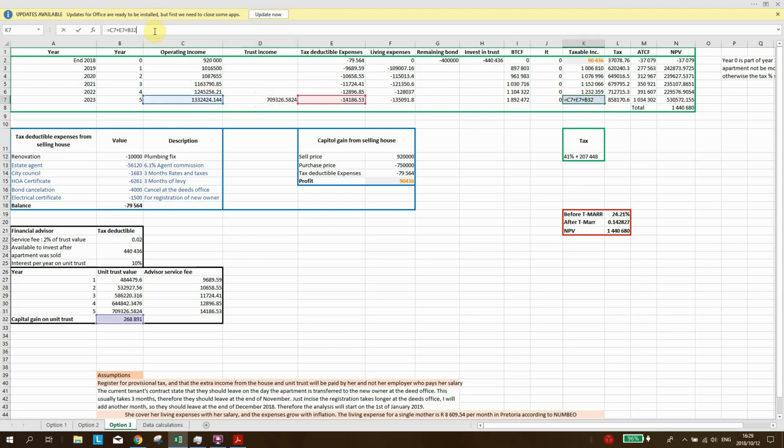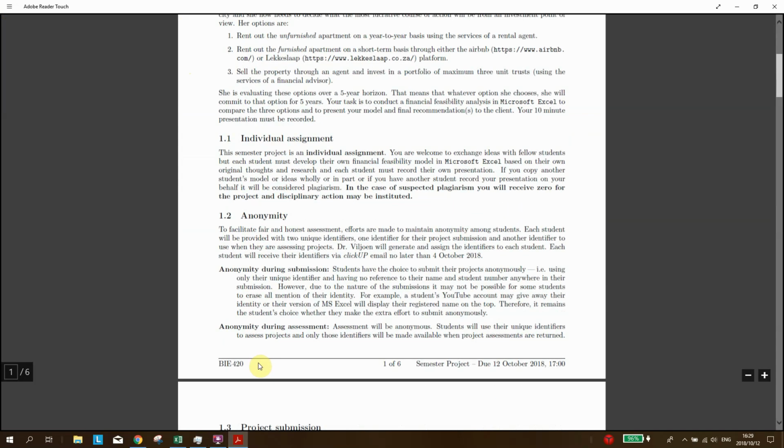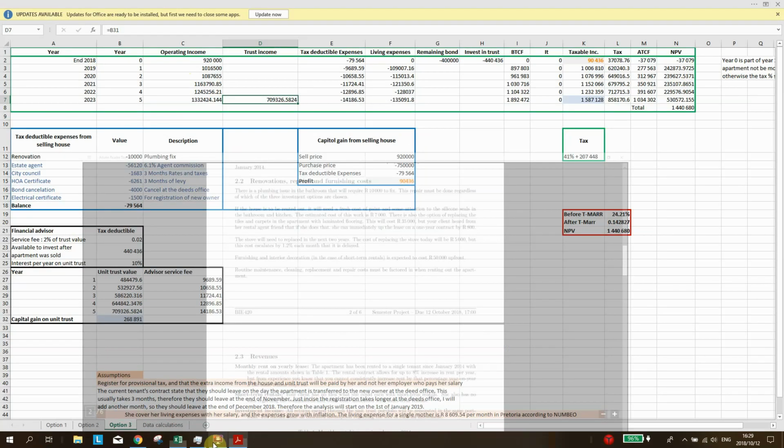As you can see, it's not included, but the capital gain was included in the taxable income. So yeah, you can't tax that.